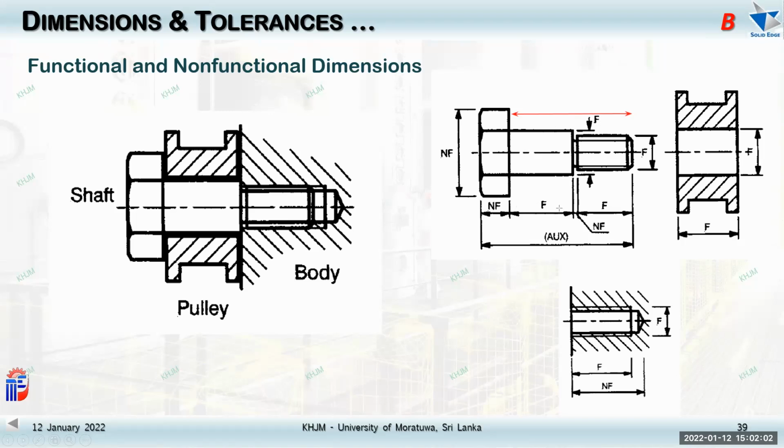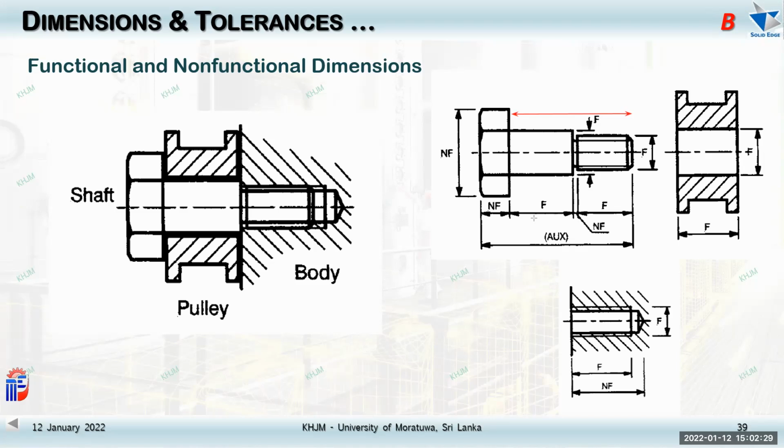Because you are not taking any measurements of this part. Non-functionals, you are not going to take any measurements. Look at this head portion. It's not that important. Although there are standards, whether it is plus or minus 0.1, 0.2 millimeters, it's no harm.